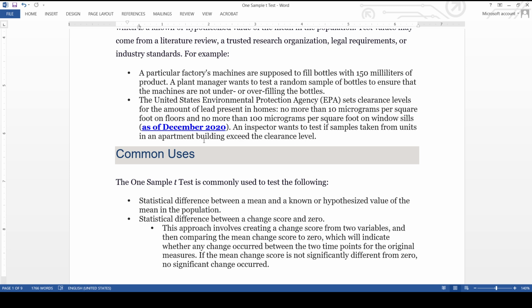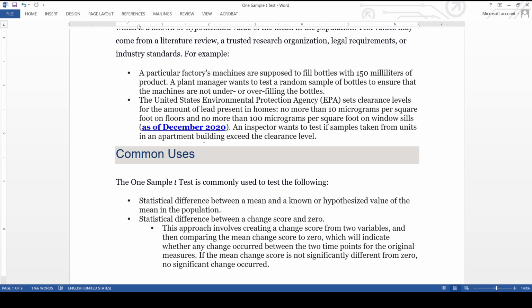Another example is this. The United States Environmental Protection Agency, EPA, set clearance levels for the amount of lead present in homes: no more than 10 micrograms per square foot on floors, and no more than 100 micrograms per square foot on window sills, as of December 2000.